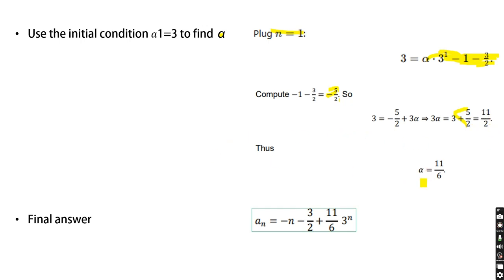So, therefore, A is equal to 11 over 6. So, the final answer is a_n is equal to negative n minus 3 over 2 plus 11 over 6 times 3^n.